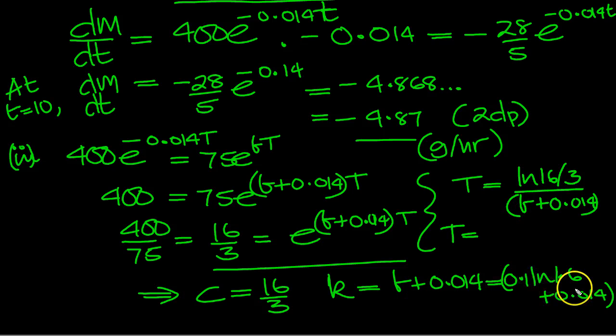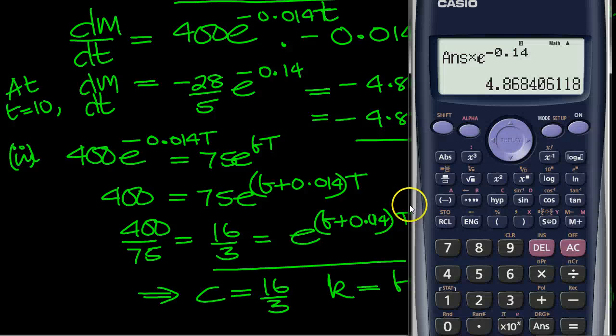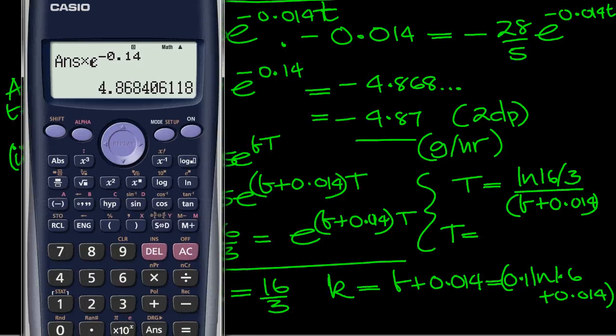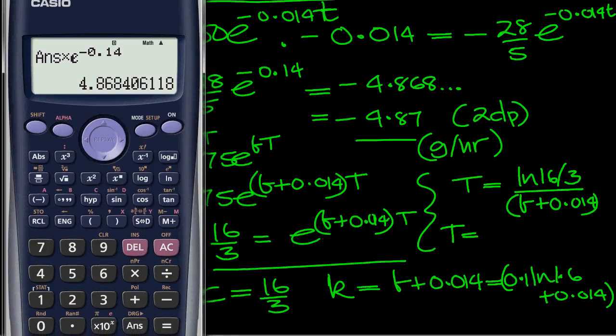So here's the b plus 0.014, so it's log of 16 over 3, so let's tap that in. So it's awkward numbers, but it should be doable. So it's the natural logarithm of 16 divided by 3.